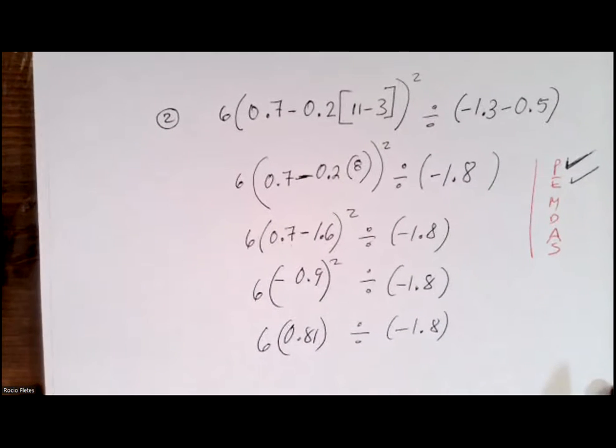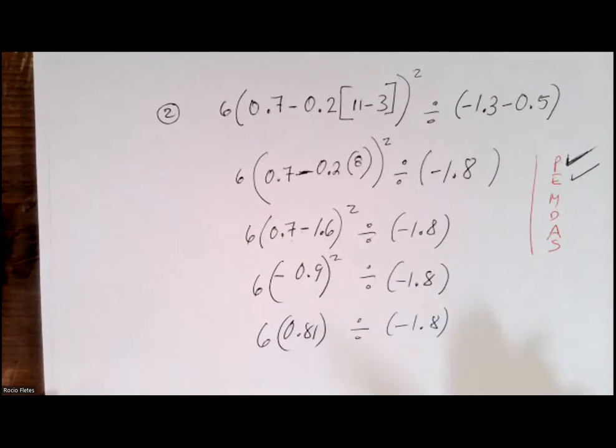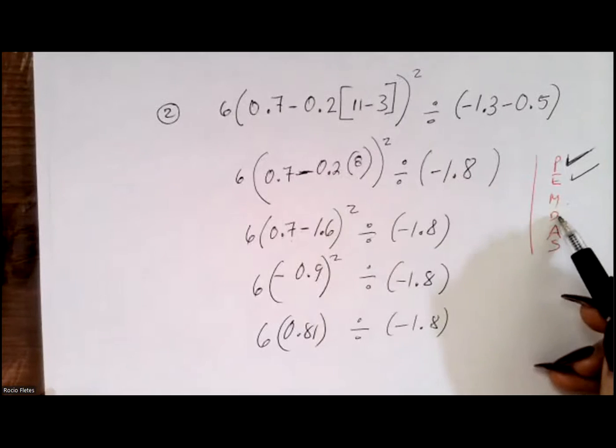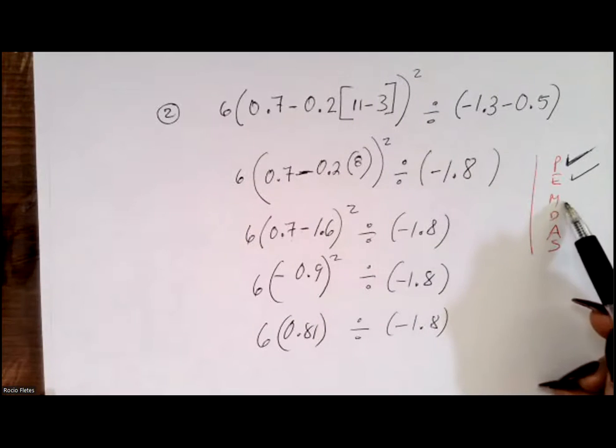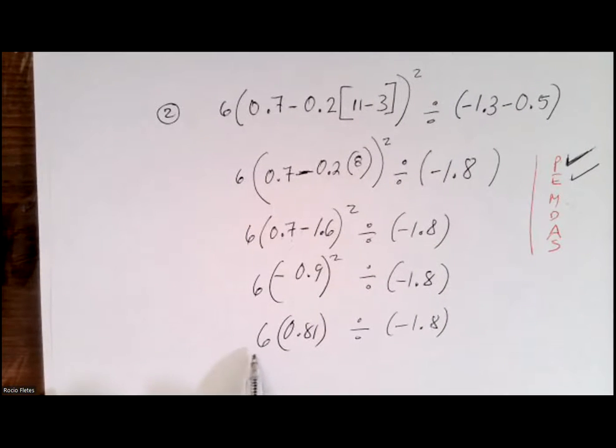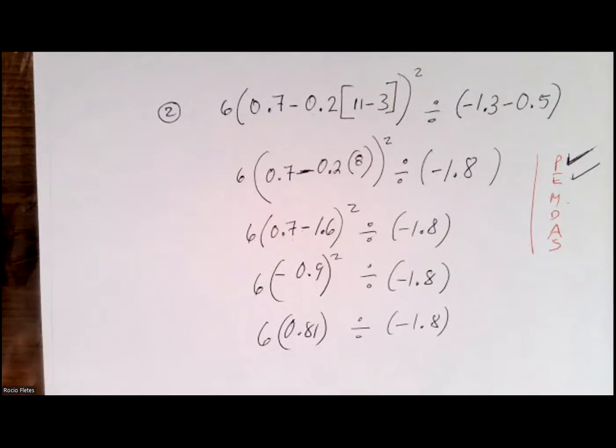So now we're done with exponents. And then we multiply or divide depending which operation comes before. From left to right, we see that it's multiplication, right? So you're going to multiply 6 times 0.81.